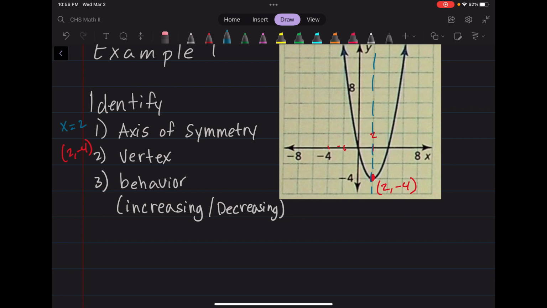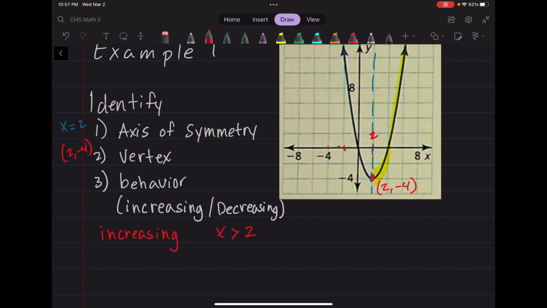And the last thing we need to do is describe the behavior. So we want to describe when it's increasing. Our graph is increasing from this point on. So we can say that my graph is increasing when x is greater than 2, because remember, that's on my axis of symmetry.